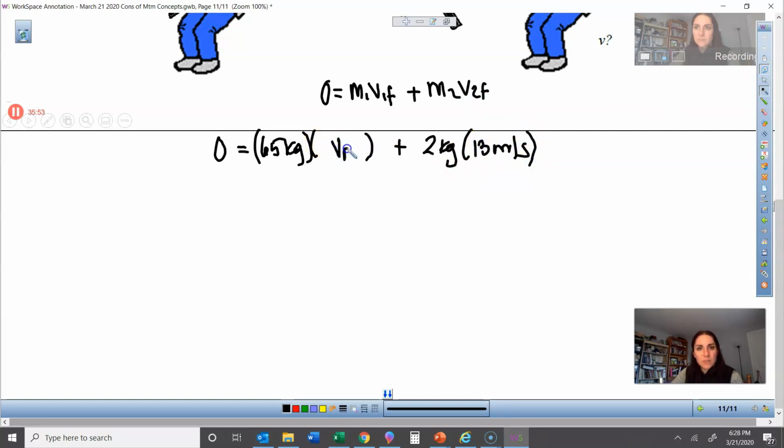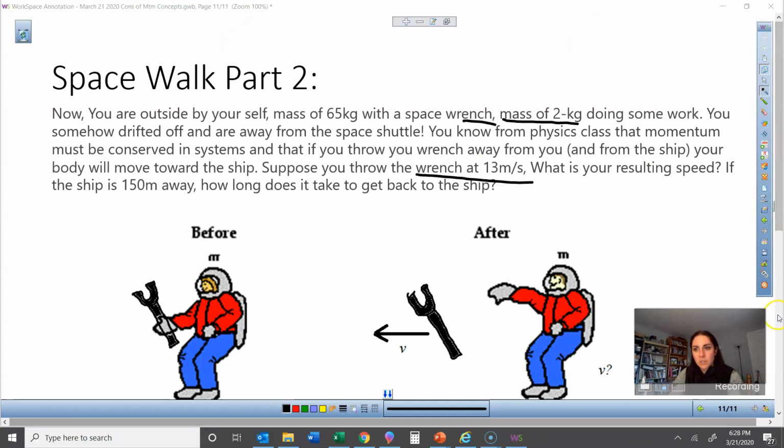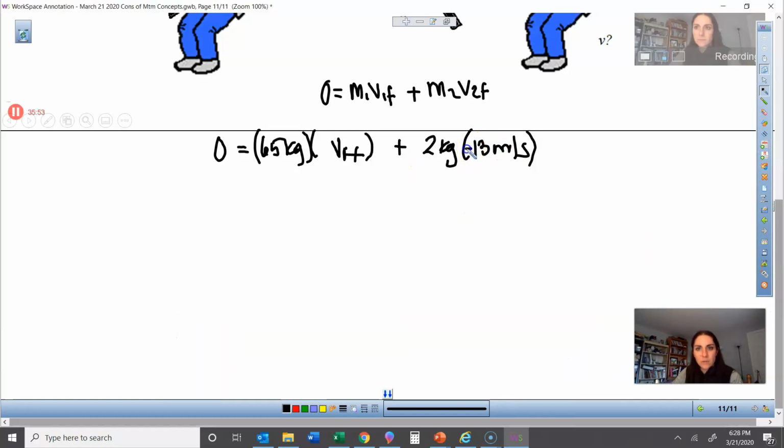So we're looking for this, the initial person. And actually, since I'm modeling it, the wrench is going west, so this is negative. So here we go. That looks a lot better. Oh, man. That does not look right. So that should be negative 26 kilograms meters per second.